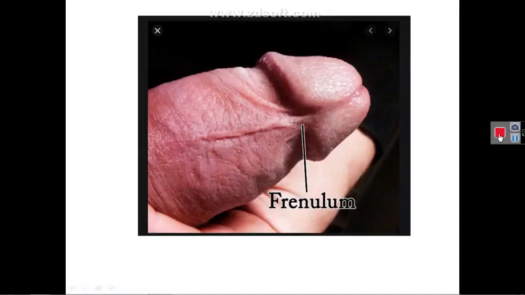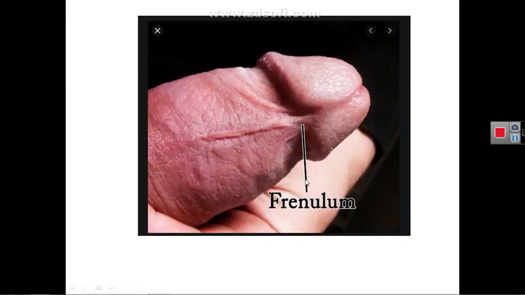The other two points we may have to mention: the skin of the penis shows a fold on the under surface of the glans or under surface of the neck of the glans. This fold of skin is called the frenulum.